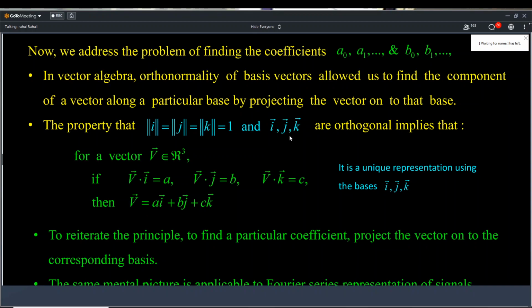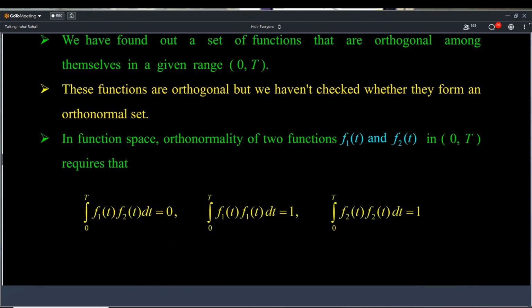And their orthogonal properties, that is the dot products of i and j, j and k, and i and k are equal to 0. These two properties allow us to project the vector on that base and give the value of the particular coefficient, A, B, or C. A similar procedure is employed here.